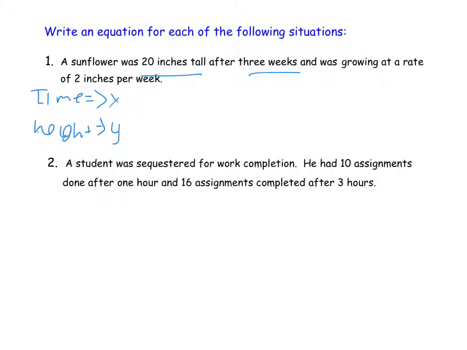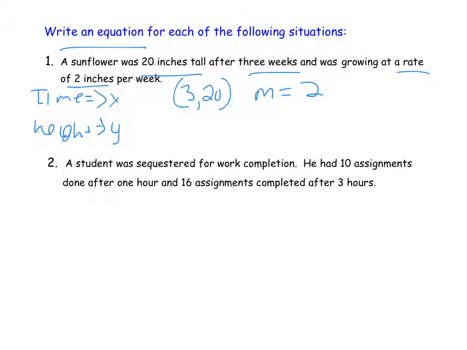So here, it gives me a data point. After 3 weeks, it was 20 inches. And it's growing at a rate of 2 inches per week. So I'm given the 2. So it says write an equation. I did not put in here specifically write a type of equation.